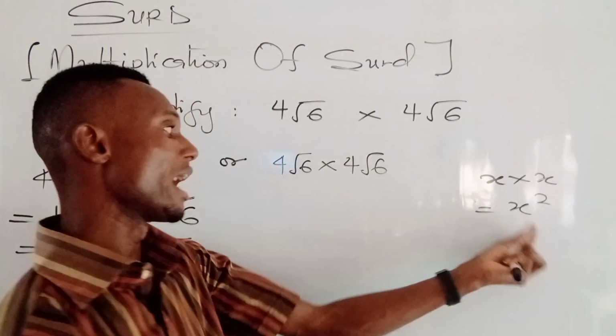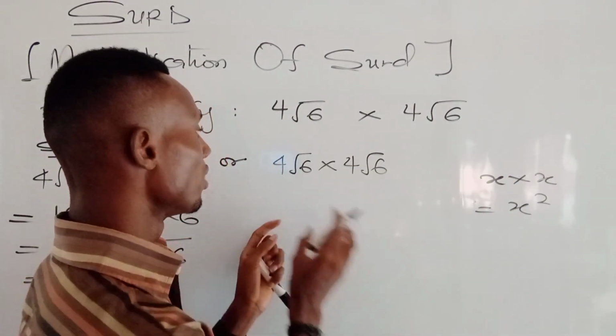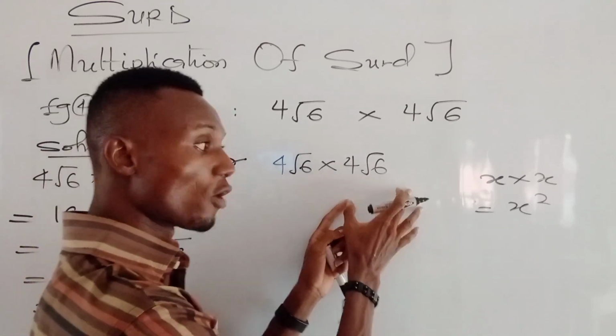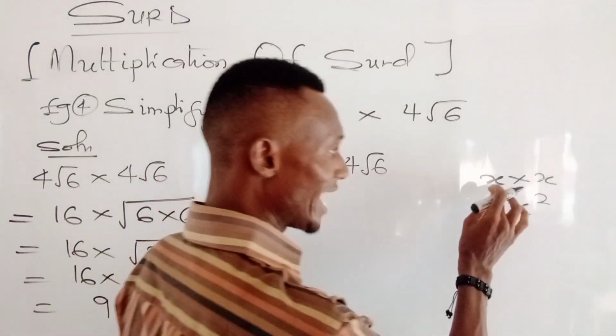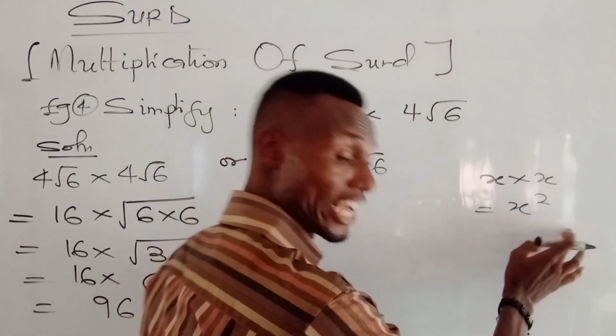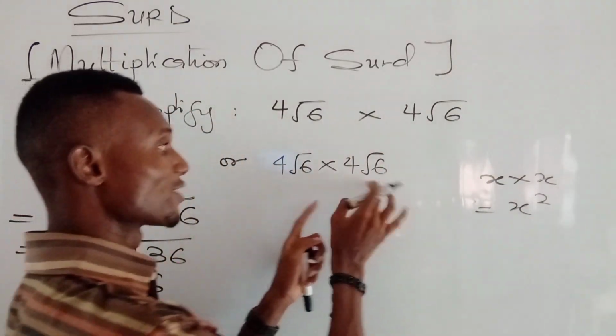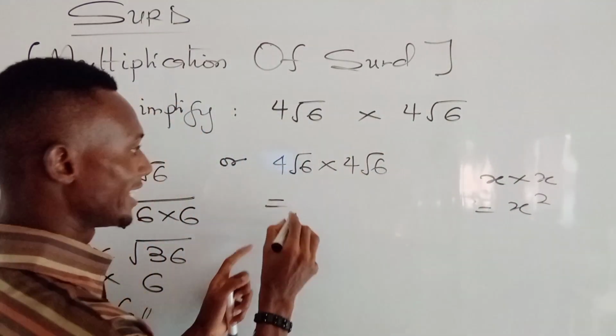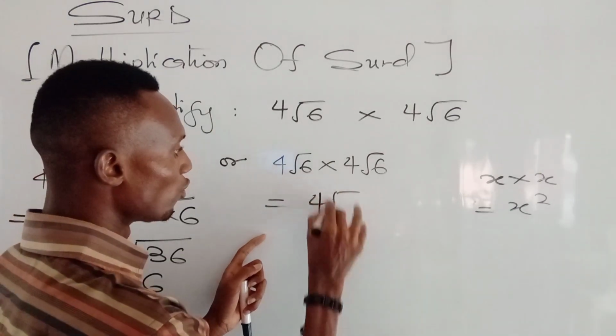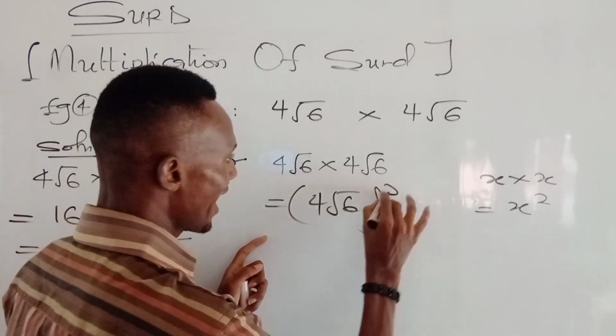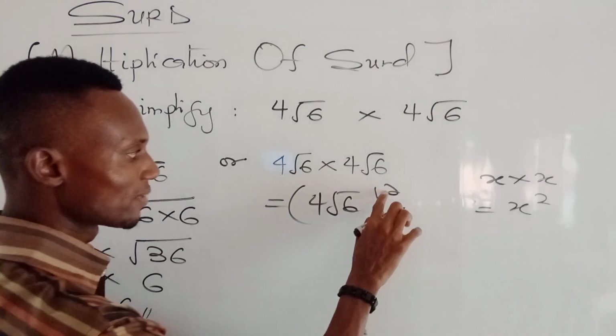So 4 root 6 times 4 root 6, having s times s giving s squared, is going to give us 4 root 6 all squared. I hope you agree with me up to this point.